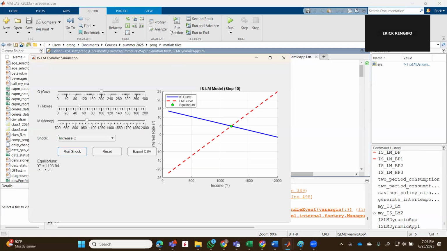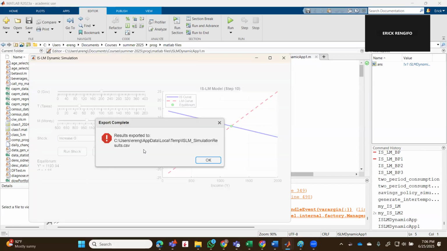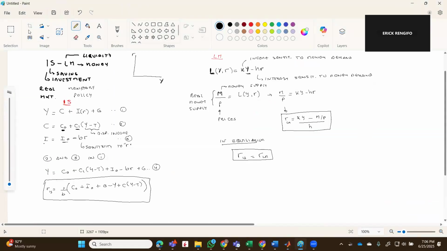Export to CSV and be sure that you can open your file. When you export, something like this is going to appear, where the results are being exported. Can you verify, guys, that you have saved your results? Save here.